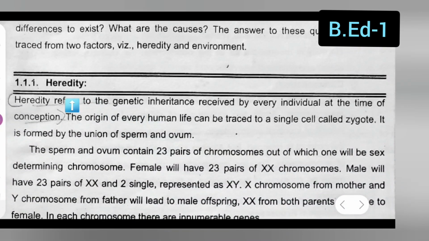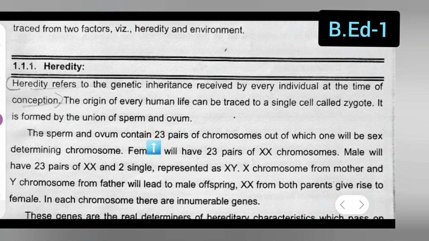Take now heredity. Under heredity, you all can take down. Heredity refers to the genetic inheritance received by every individual at the time of conception. The origin of every human life can be traced to a single cell called zygote. It is formed by the union of sperm and ovum.